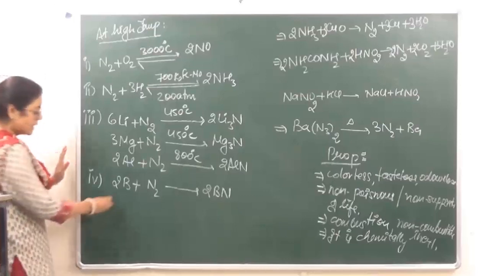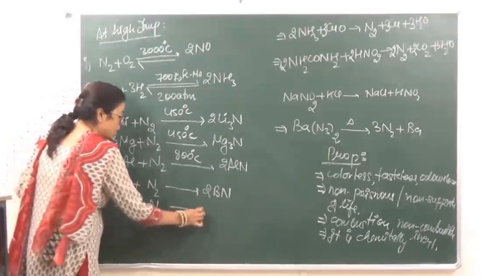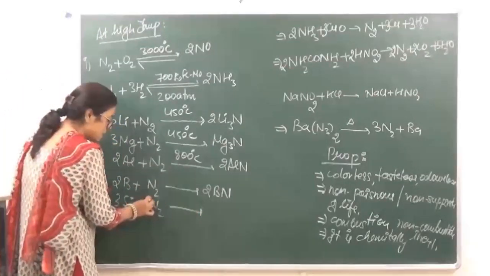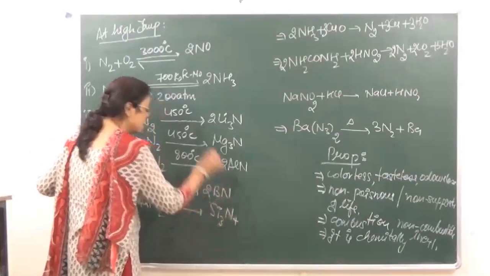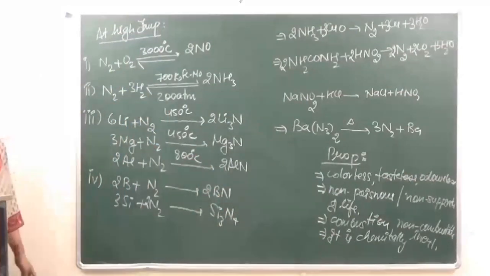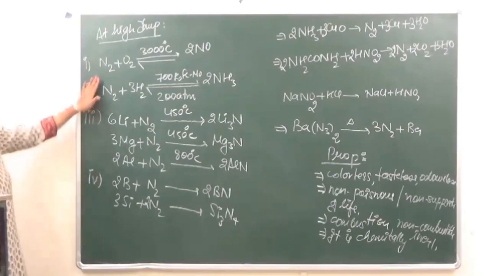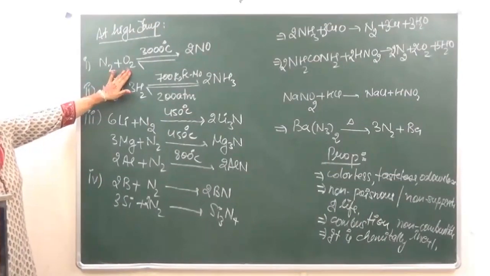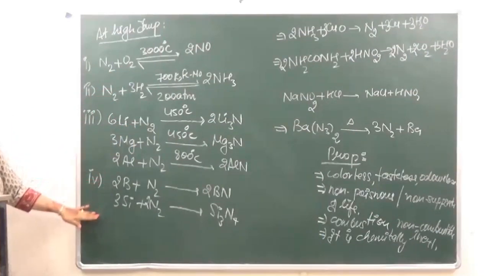Similarly, सिलिकॉन के साथ रिएक्ट करेगा nitrogen to give us silicon nitride with the formula Si3N4. Okay, now in all these things you can see it is reacting with elemental state elements over here, oxygen, nitrogen, over here with metals, and then over here with non-metals.